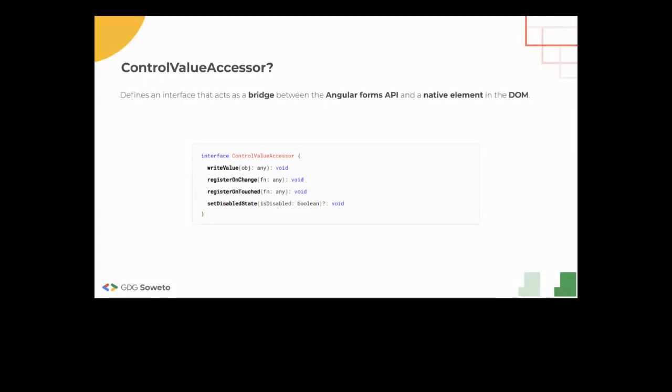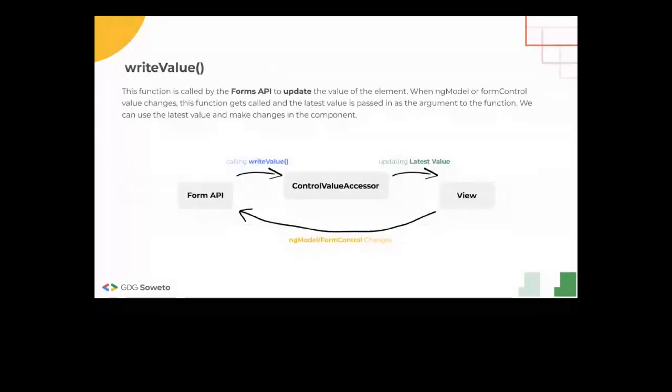The ControlValueAccessor interface provides us these four methods: writeValue, registerOnChange, registerOnTouched, and setDisabledState. We will cover these methods step by step and how they help us get a fully functional Angular Forms API with the help of ControlValueAccessor. First, the writeValue method, which is the first method provided by this ControlValueAccessor interface.